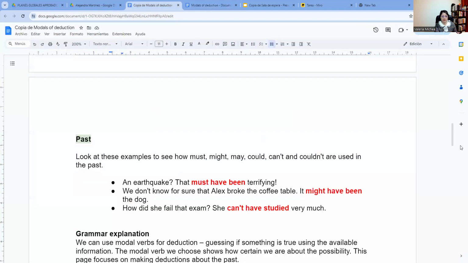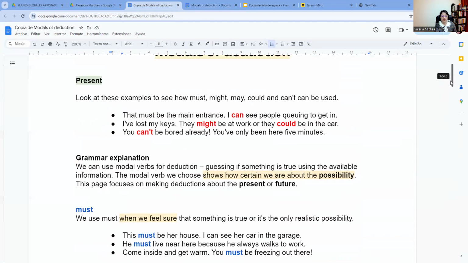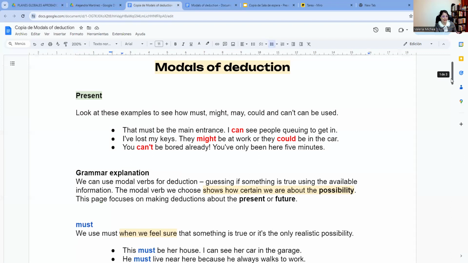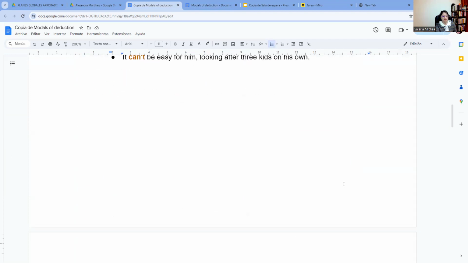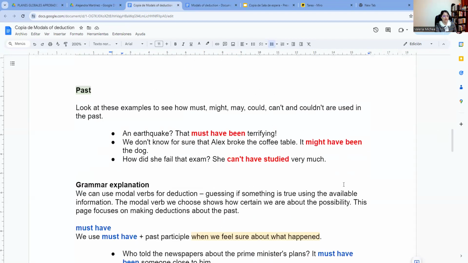Only in the past, right? When you are talking about the present, you are not going to use can have, okay? It's not necessary. So modal verb plus base form in the present. In the past is modal verb plus have plus participle form, two separate structures.